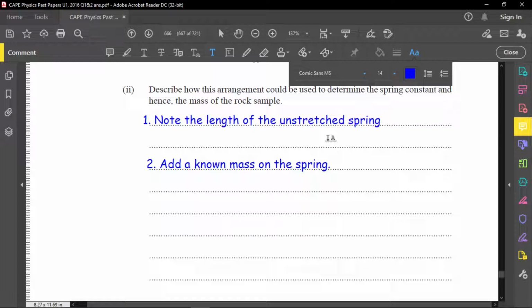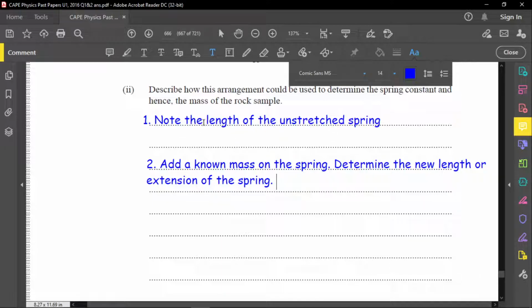All right, you're going to also determine the new length or extension of the spring. So why this is important is because once you have that known mass and that new length or the new extension, then you actually will know what mass is causing what extension. So you have to make sure you note that.